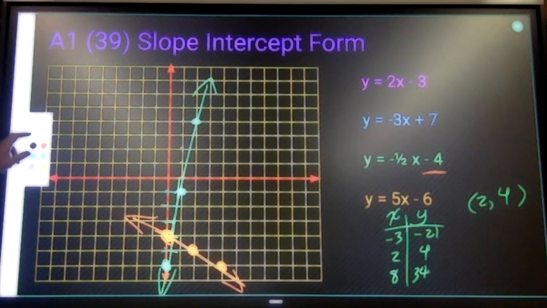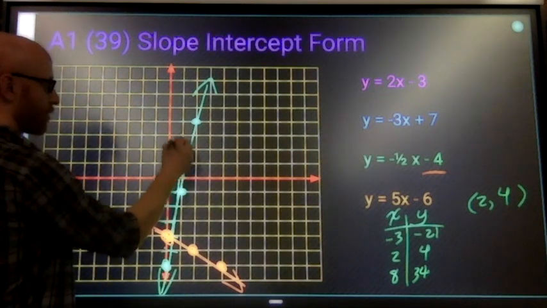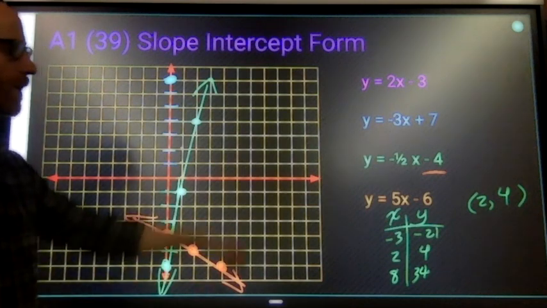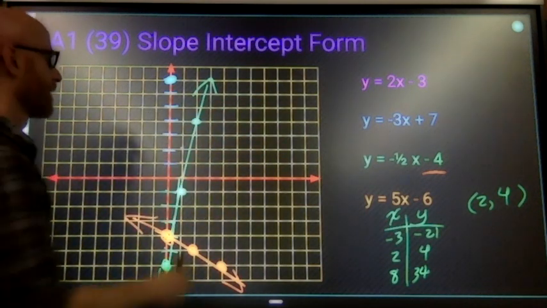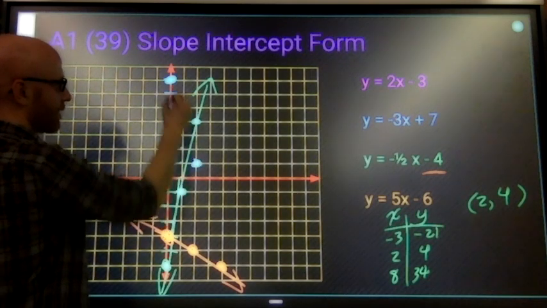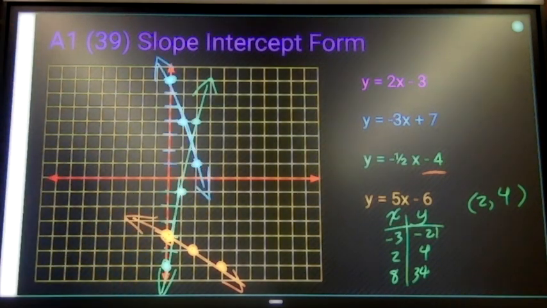Blue. Where do I cross the y-axis? +7. What's my slope? -3. Down 3, forward 1. Down 3, forward 1. All right, makes it very simple to graph the line.